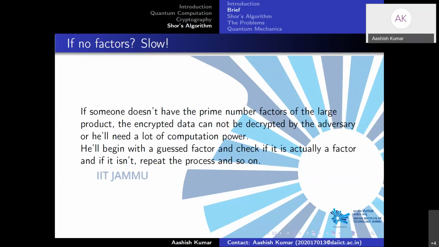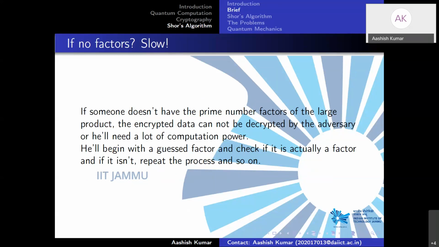So what if there is a number and we don't have its factors? Then the message encrypted using the prime factors of that large number couldn't be decrypted unless the prime numbers are known to the adversary.